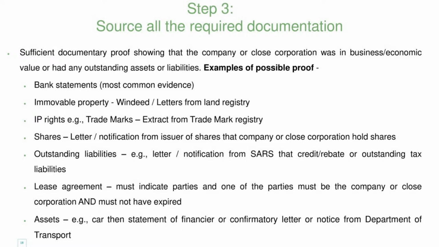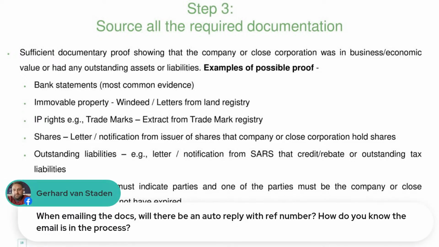Our first question will be, when emailing the documents, will there be an auto reply with the reference numbers? How do we know the email is in the process? Brenda, will you answer that question, please? Good morning, everyone.